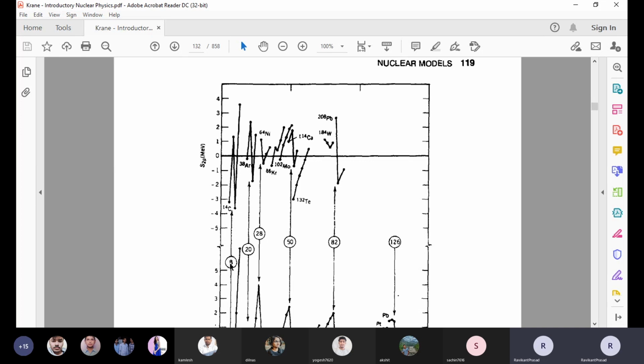And if you find a nucleus whose Z is also equal to some of these numbers, and N is also equal to some of these numbers, then that nucleus is extra stable. It is very difficult to break.